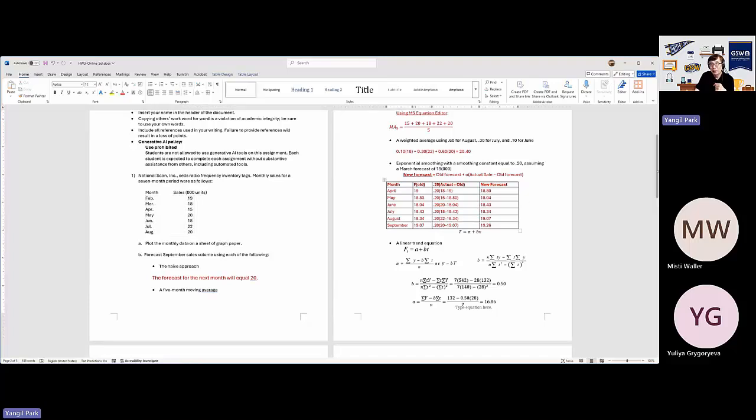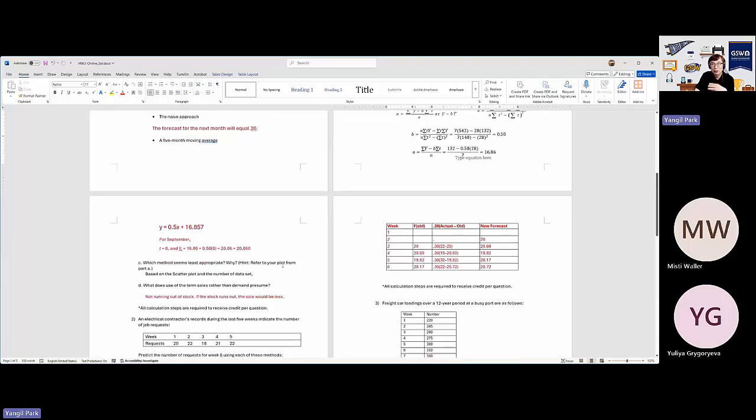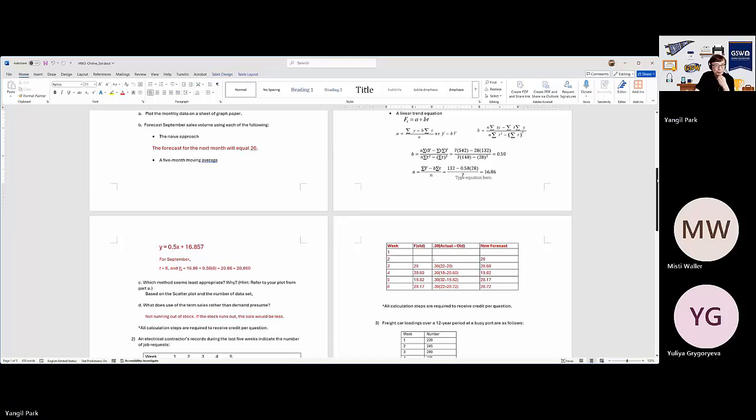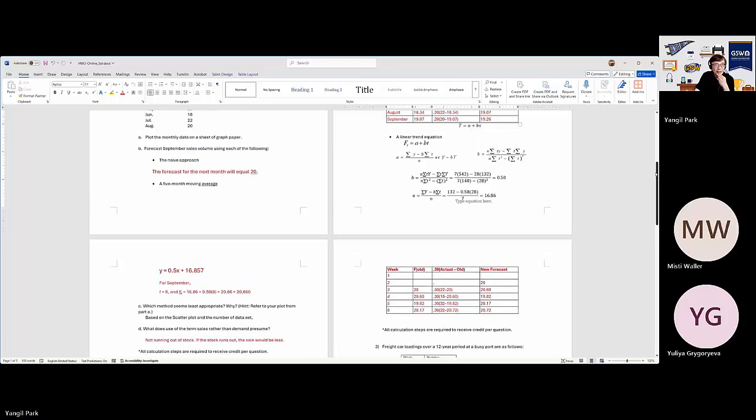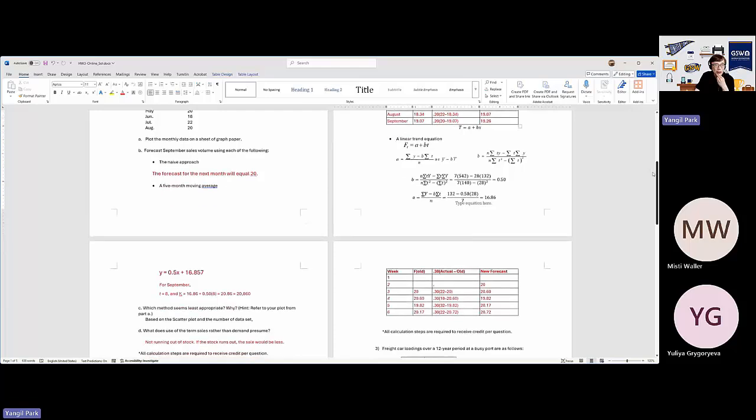And if you remember, regression and linear equation are based on a large set of data. If you have a very small set, it's not really efficient. It may not be accurate at all. So that's the kind of downside of linear equations. I think that's kind of related to C. Okay, question number C.